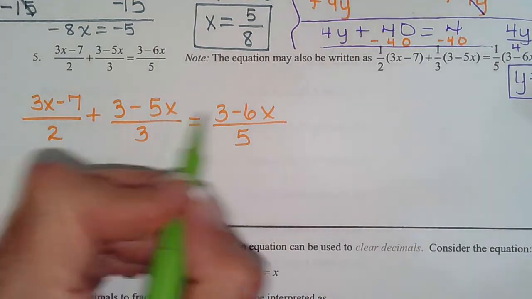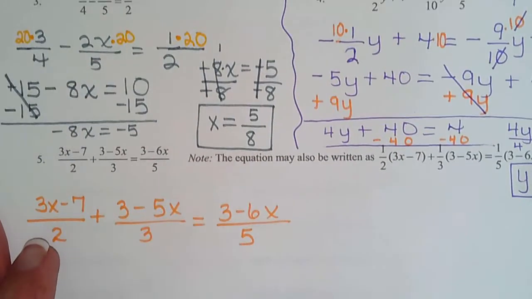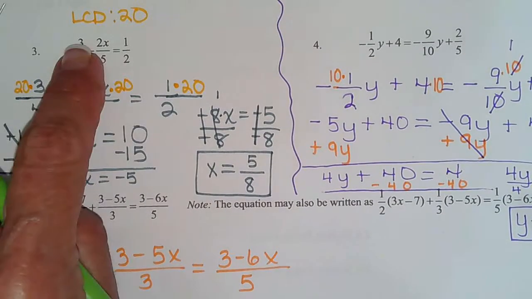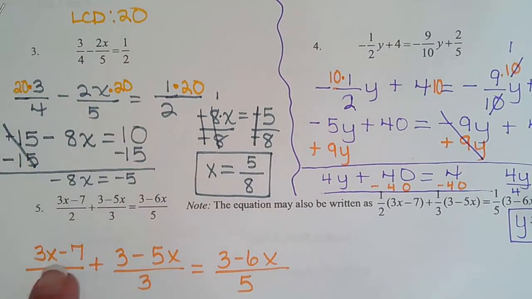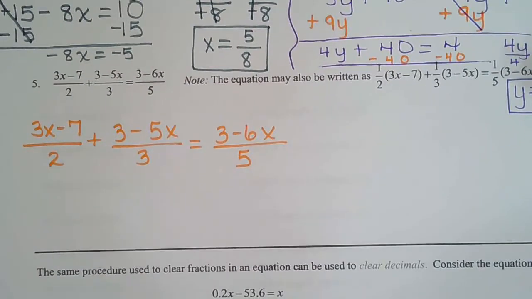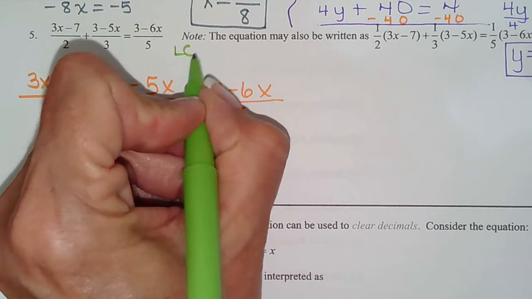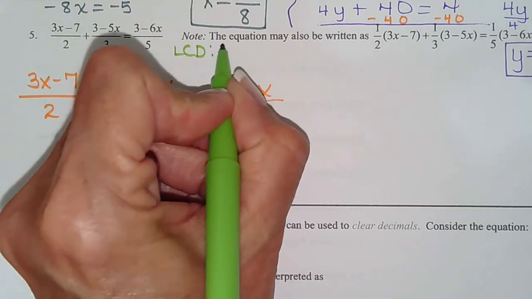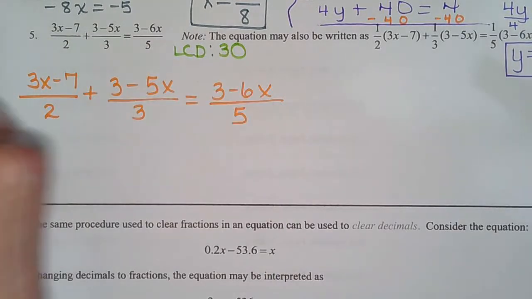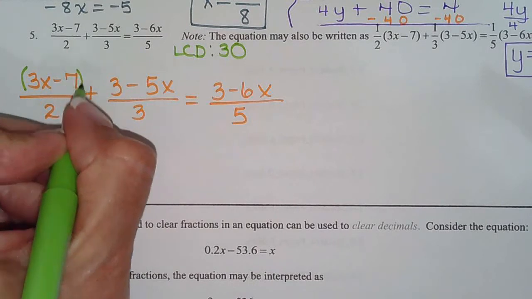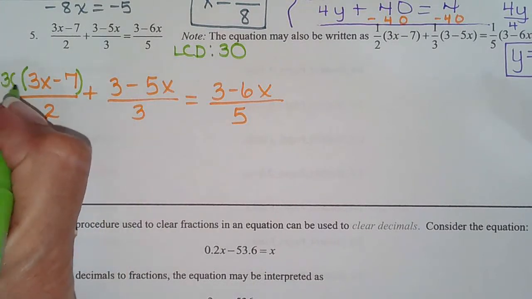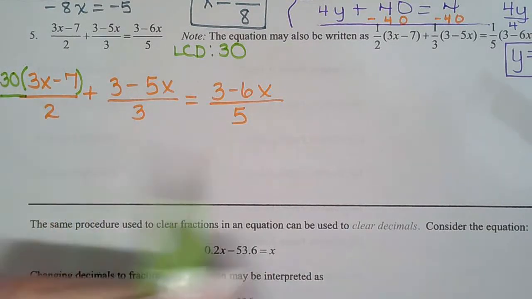So notice how these are different than the ones we did above, because up here we just had single terms in the numerator. Now we have two terms, two terms, two terms. So when you go to put your 30 in, the LCD, you need to put parentheses here, 30, and then just expand that.